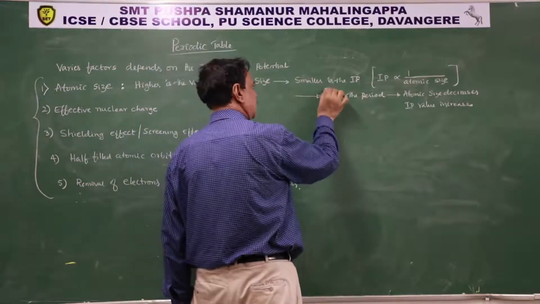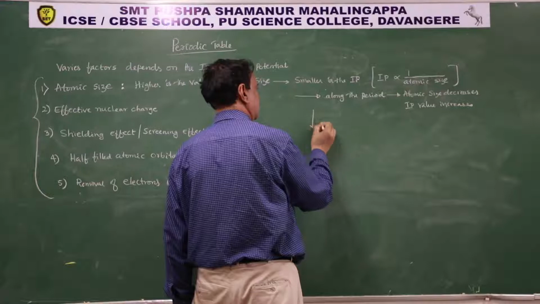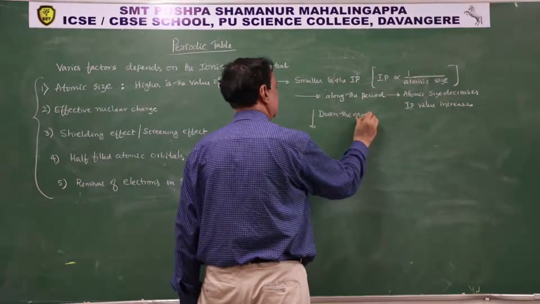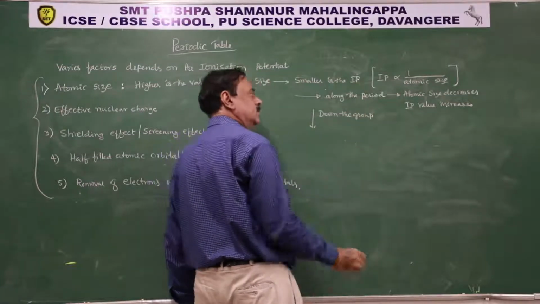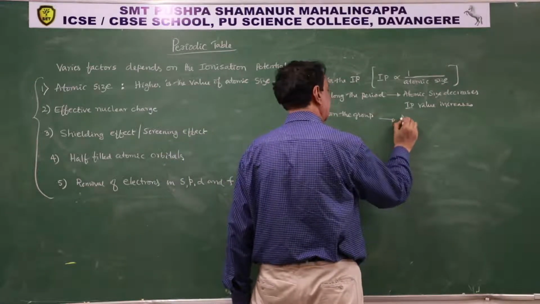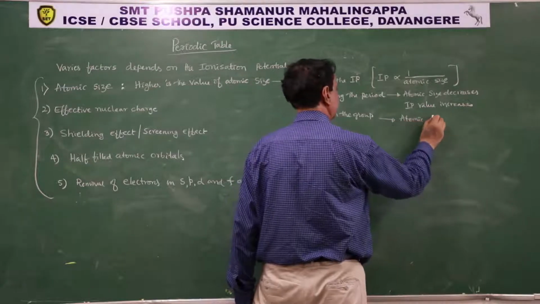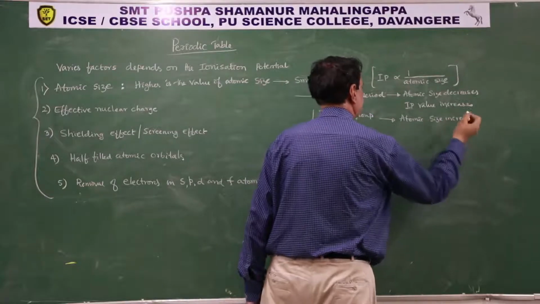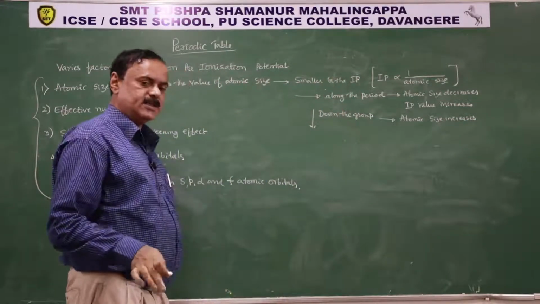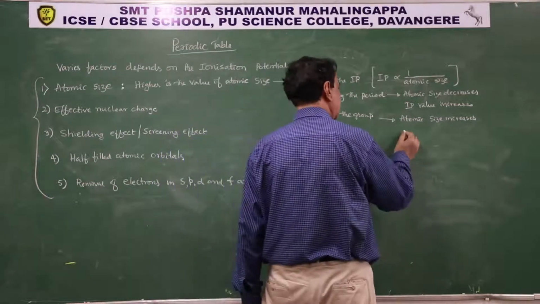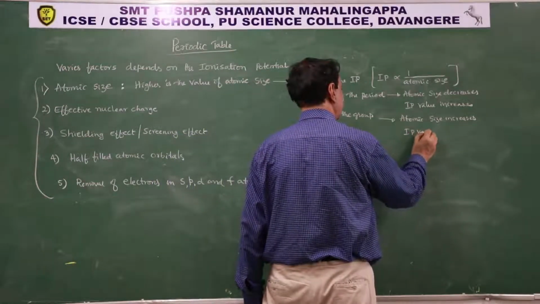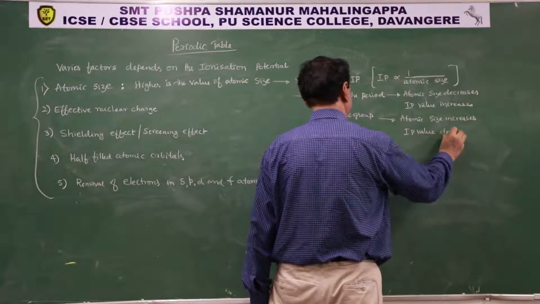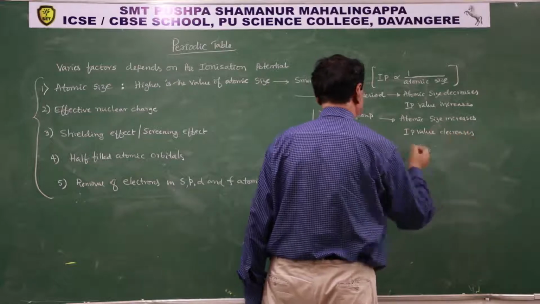This is down the group. What do you mean by down the group? Atomic size increases down the group, which means the IP value decreases.